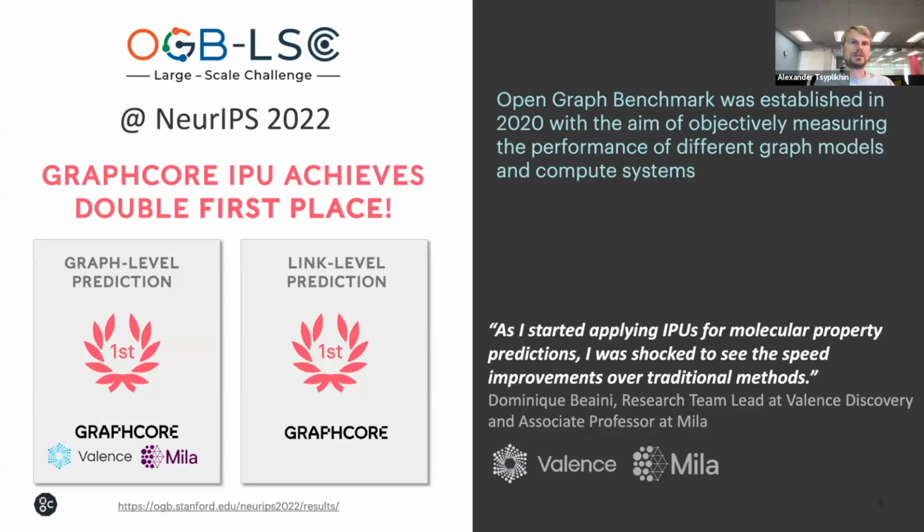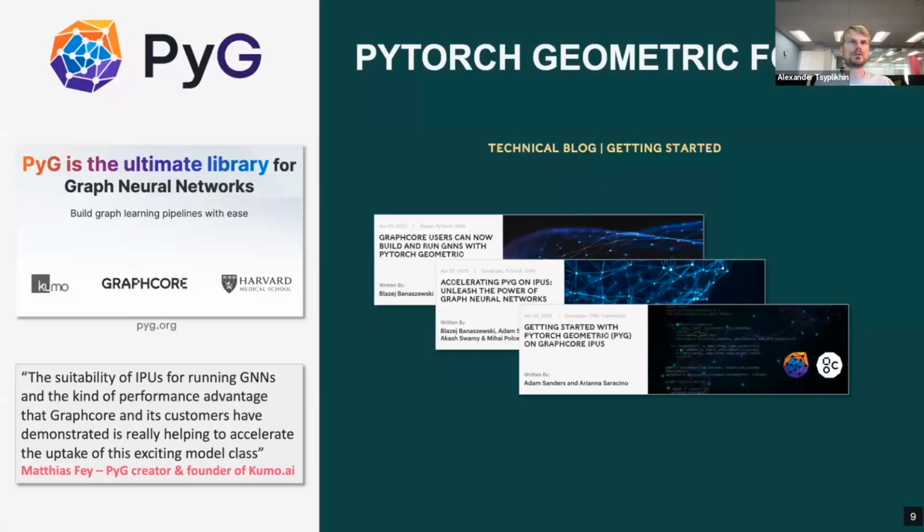Out of the 3 segments of the contest, Graphcore scored first place in 2: the graph level prediction and the link level prediction cases.